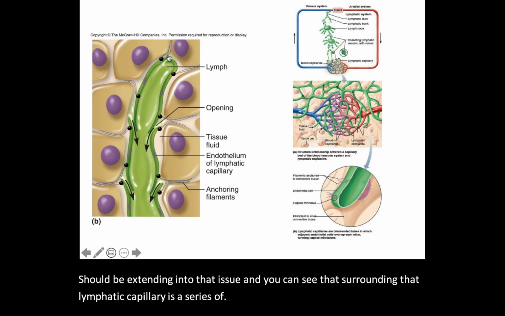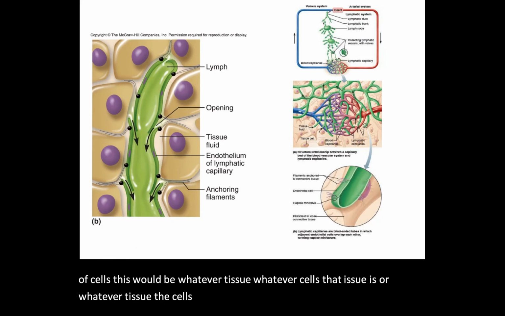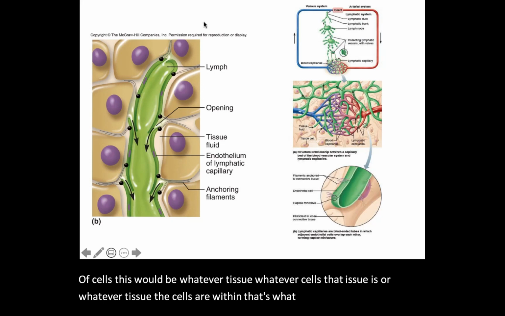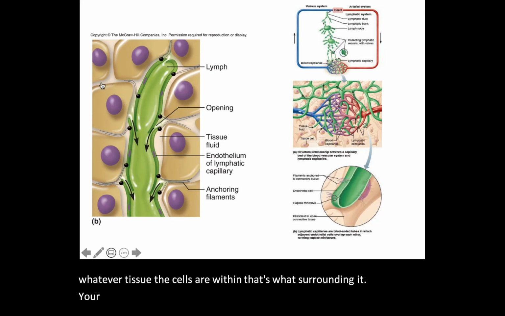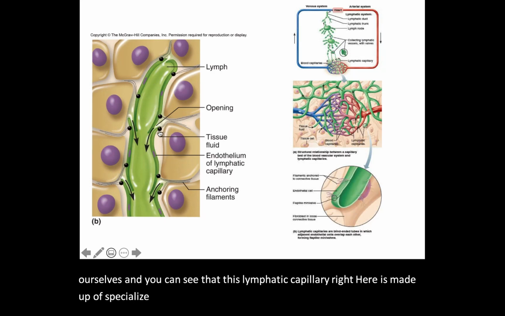This would be whatever tissue, whatever cells the tissue is, or whatever tissue the cells are within, that's what's surrounding it. Your interstitial fluid would be located here in between the spaces of our cells. And you can see that this lymphatic capillary right here is made up of specialized endothelial cells. Okay, so here's an endothelial cell. Here's an endothelial cell.